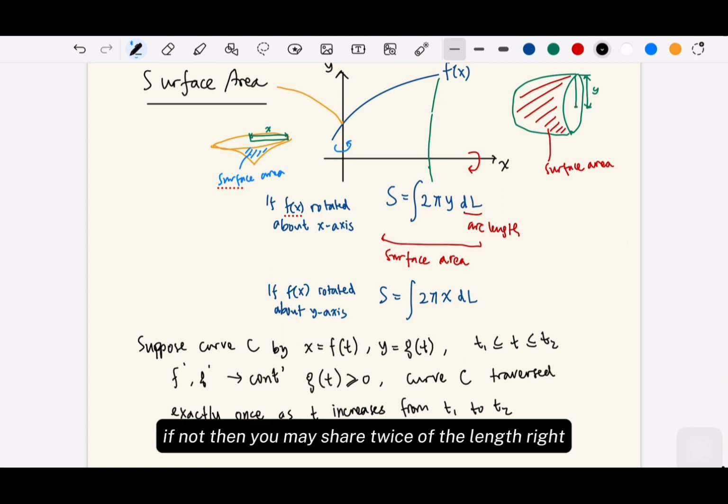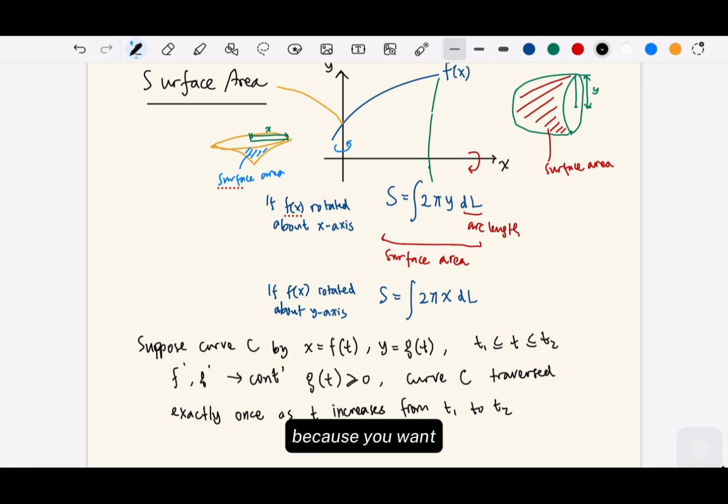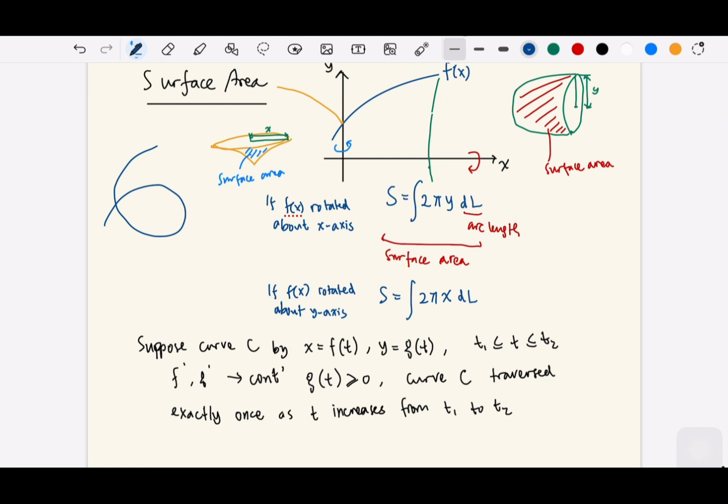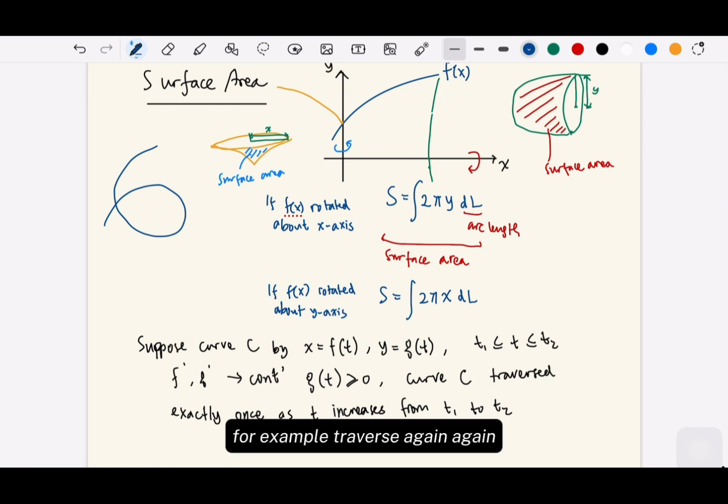If not, then you measure twice the length, right? For example, if you have a loop like this and you traverse again and again, your calculation will differ.